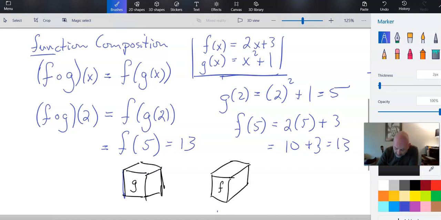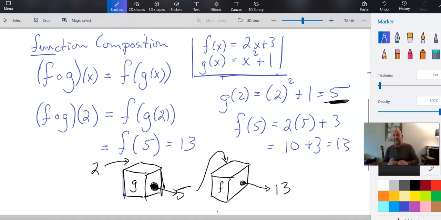So let's look at what we did. We took 2 and we shoved it into g. Oh, I should probably give it an output place. There's a hole where everything comes out. So we stuck 2 into g, and g spit out this 5 over here. And then we took the 5 and we shoved that into f, and f spit out 13.